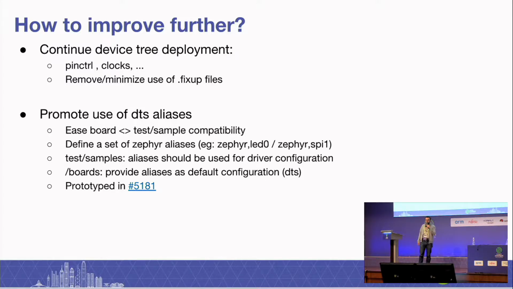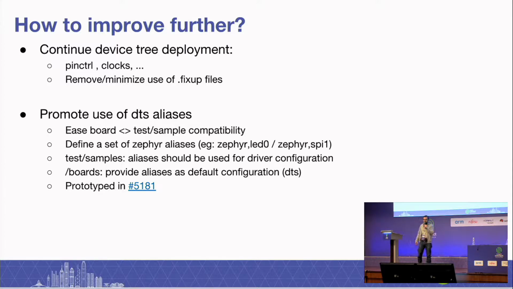Also, what would be interesting is to promote some bindings available between the boards and the samples or applications. If we are able to define such bindings, we will be able to use them in the samples and the applications. Like for instance, Zephyr LED 0.